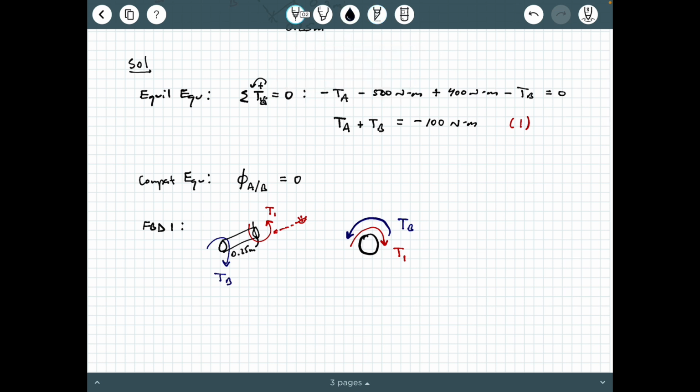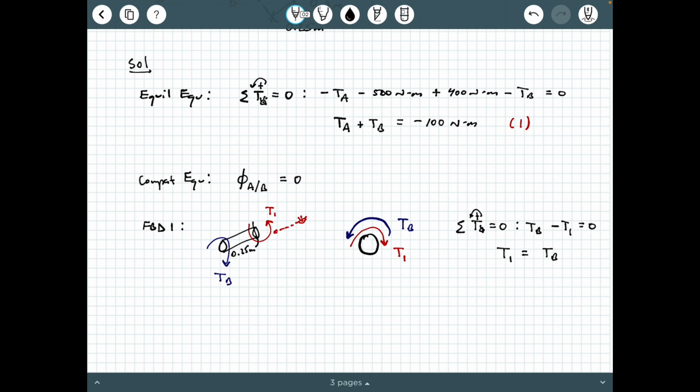Well, we say sum of the torques equals 0, counterclockwise positive based on this little eyeball, and we're going to see that we've got TB minus T1 equals 0, so T1 just equals TB, okay? T1 just equals TB. And so what do we do next?